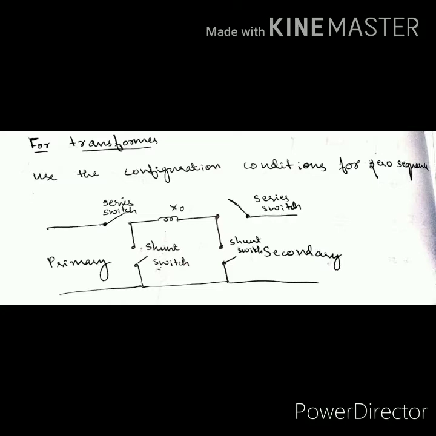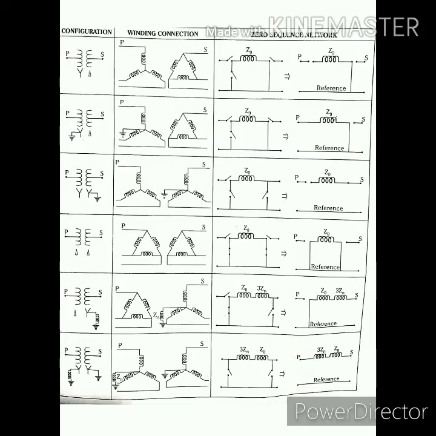Like previously we have taken down a table, right? In that, certain examples were given. So once again we'll discuss the table. See the configuration, winding connection and zero sequence network. Randomly we'll see certain examples.